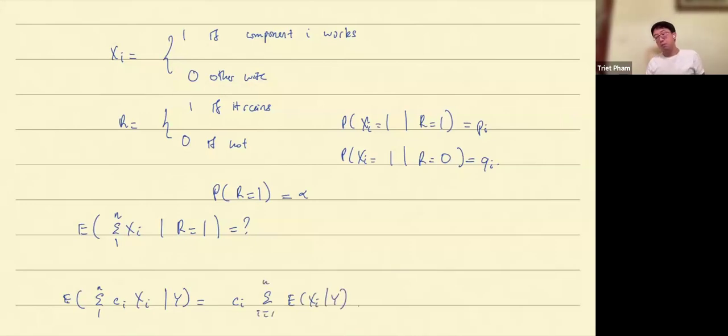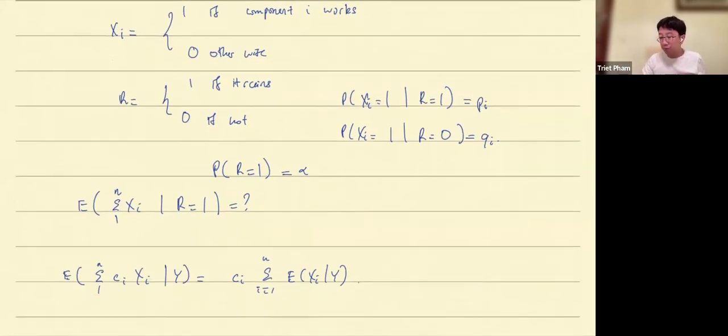So conditional expectation is linear, just like expectation. I did not say it directly, but it's implied by saying that conditional distribution works like distribution.